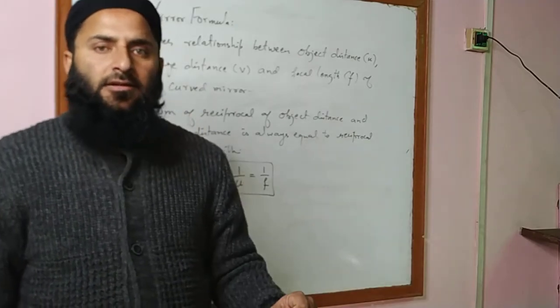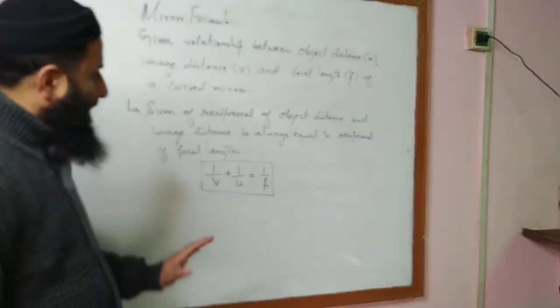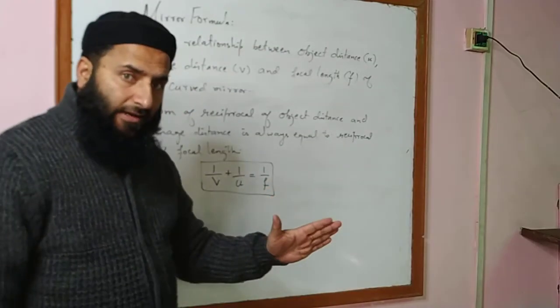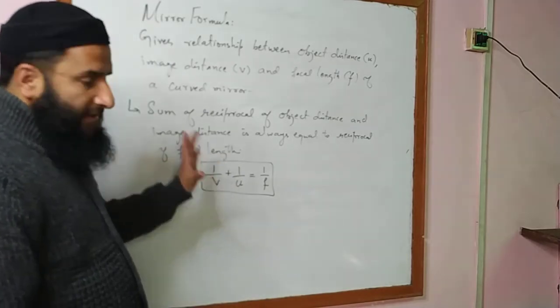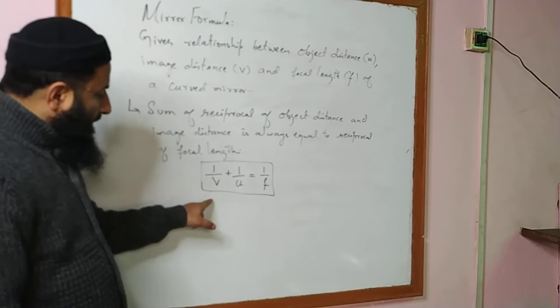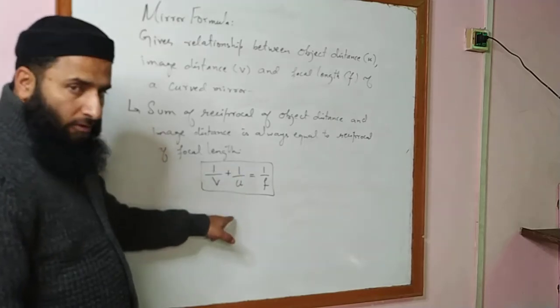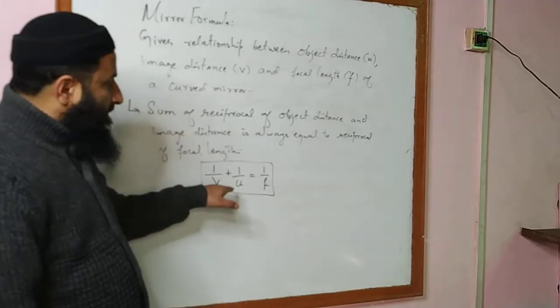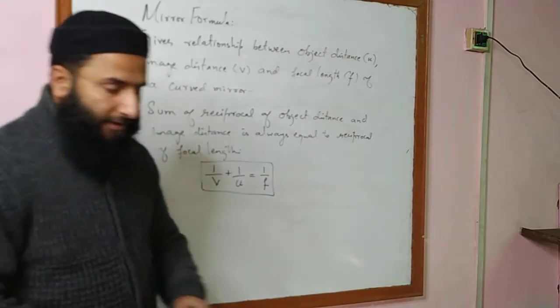This is called the mirror formula. Let me write down a numerical and try to solve it using this formula. Remember, 1 upon v added to 1 upon u is always equal to 1 upon f.